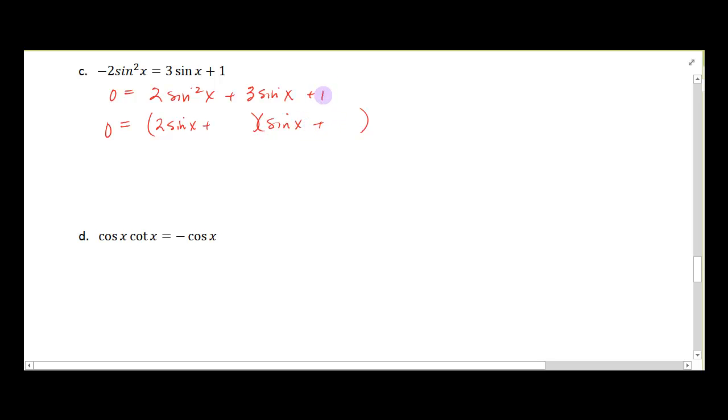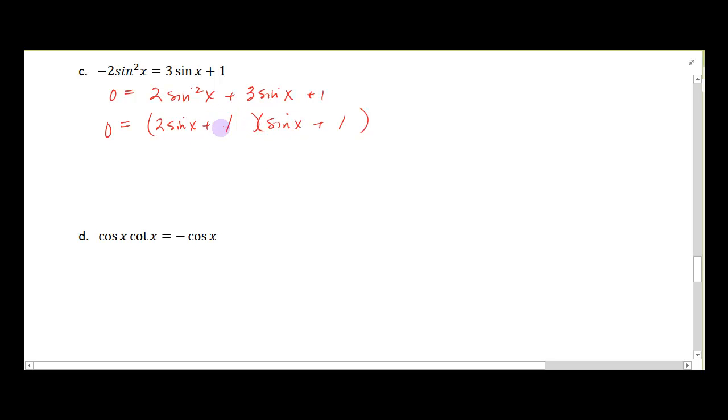And I'm looking for the factors of 1 that add to give me 3. Well, there is only one set of factors for 1, and that has to be a 1 and a 1. So let's just check that we have this factored correctly and can get back this middle term. 2 sine x times 1 plus 1 sine x, so 2 plus 1 is 3. So I have it factored correctly.